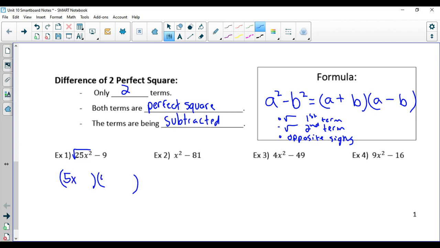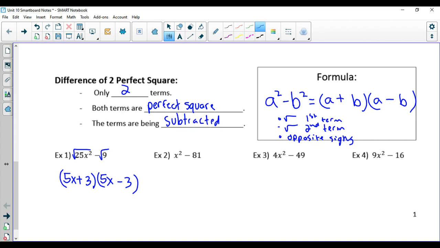So that's going in the first part of our parentheses. We're going to take the square root of 9, which is 3. And then we always have one positive and one negative. It could be 5x minus 3 times 5x plus 3. That's fine. But the 5x has to be positive.